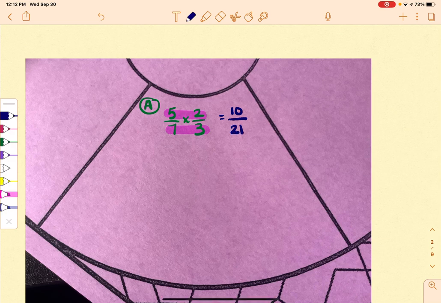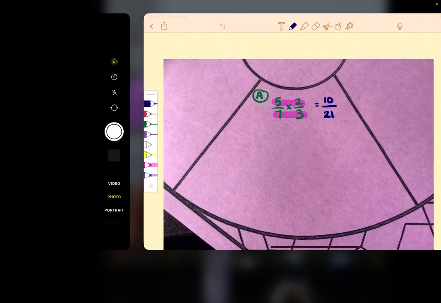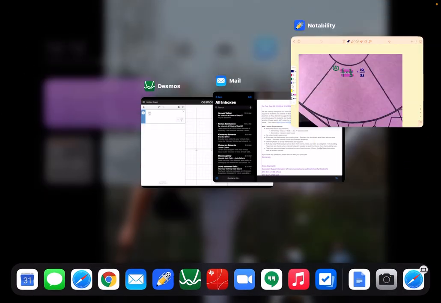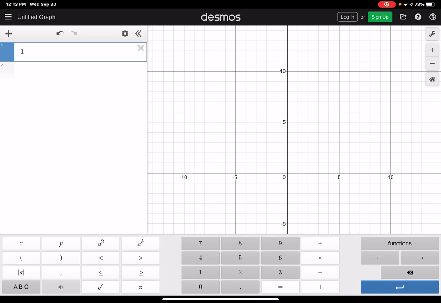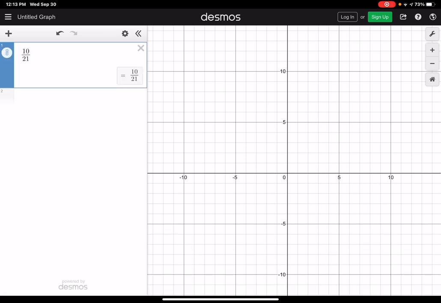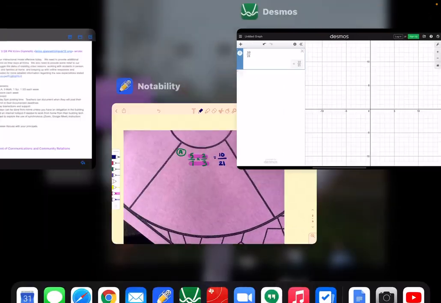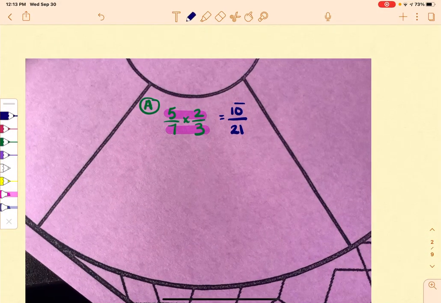Now, we said every time we have to commit to checking our fractions to see if they'll reduce. So we're going to put this in Desmos: 10 over 21. If it comes out with the same fraction, remember, that means that you can't reduce. So it's going to be 10 over 21. That's my final answer.